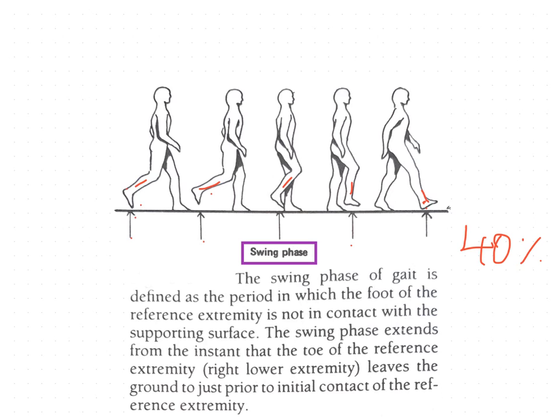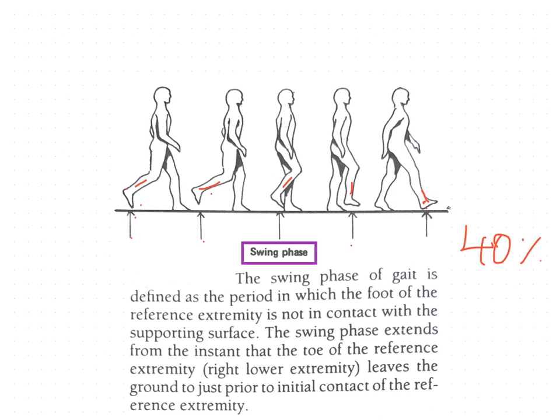So these are the two main phases of the gait cycle: the stance phase and the swing phase. In the stance phase, the reference extremity is in contact with the supporting surface, either full or partial contact throughout, and that is called the stance phase.